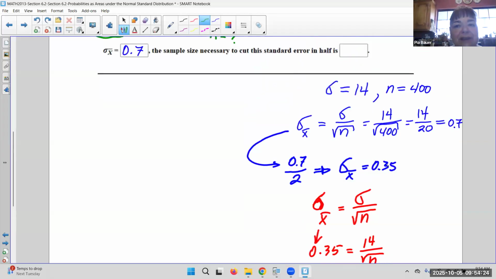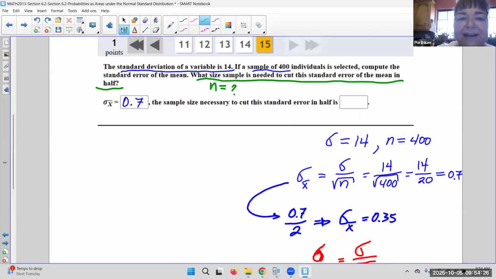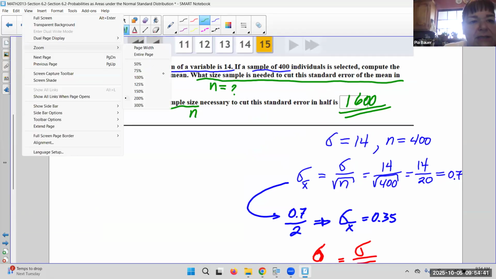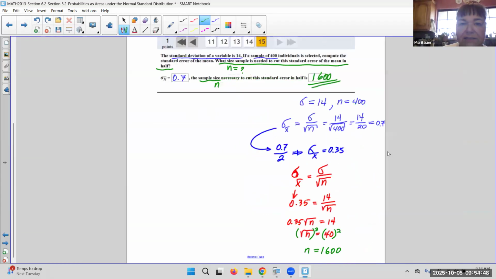So in order for the error to be cut in half, the sample size n should be 1,600. So this was the last problem that I had planned for this section. Let me go ahead and make this a little bit smaller so you see the problem as well as the work we did. So good luck with your assignment.